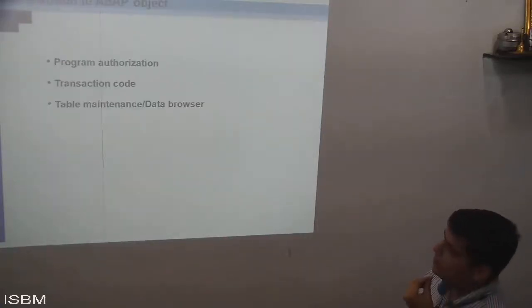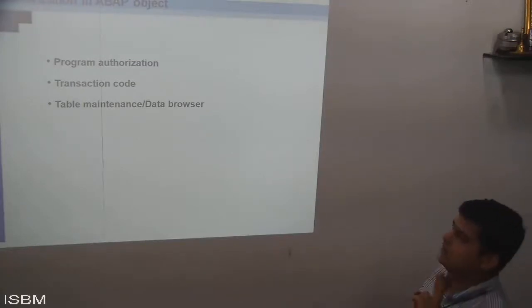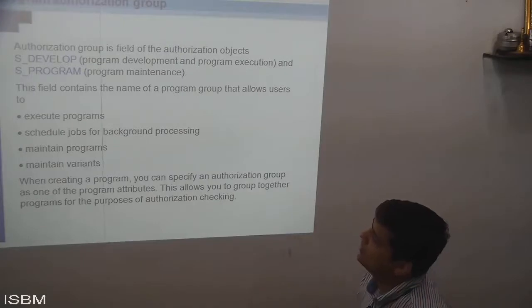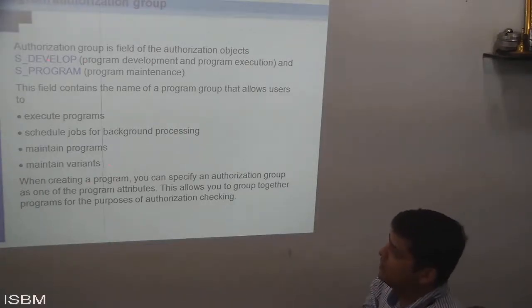Authorization in ABAP objects. There are three kinds of authorization: program authorization, transaction code authorization, and table maintenance and data browser authorization. First, program authorization group. Authorization group is a field of the authorization object S_DEVELOP, for program development and program execution, and S_PROGRAM, which is program maintenance.